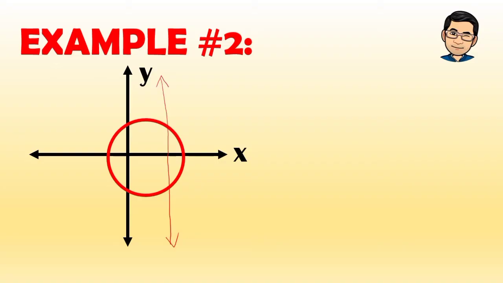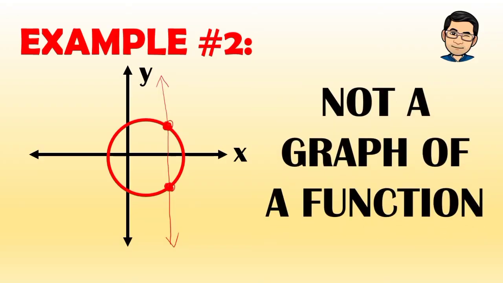Itong portion na to, 1, and then 2. So again, when we say vertical line test, kailangan yung graph natin, ma-intersect lang niya ng isang beses. In this case, dalawang beses niya in-intersect. So therefore, this is not a graph of a function.